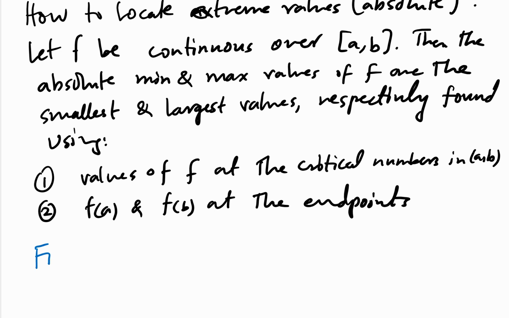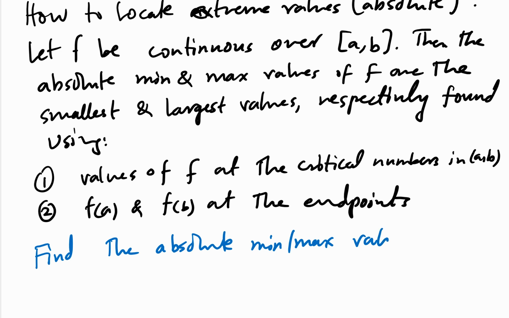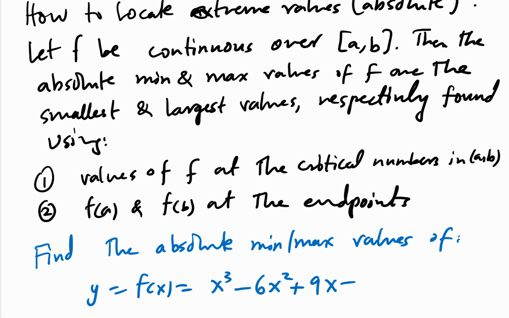So, to reinforce this concept, find the absolute min and max values of, let's say, y equals f of x. This is the function we gave you earlier when we asked you to find the critical numbers.